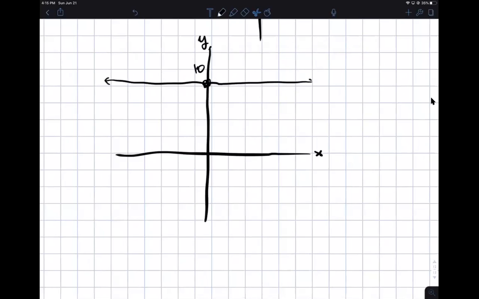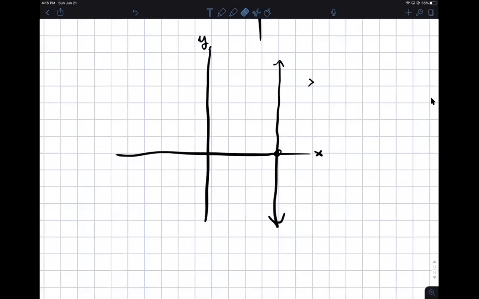It's going like that. And if it's horizontal? Then it's... How about this one? Let's look at this one instead. And let's just say this number is 10.